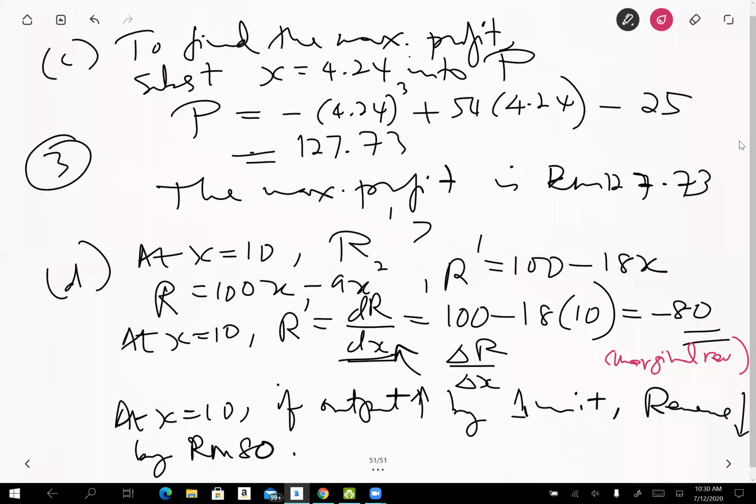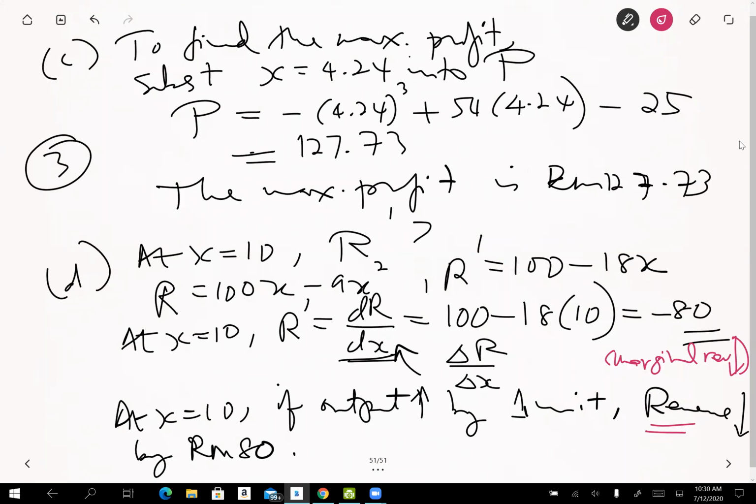Now some people, you have output increases by 1 unit, but you say here marginal revenue decreases. We are not talking about marginal revenue decreases. When you interpret, it's not the marginal revenue that changed. The one that changed is the revenue, because marginal revenue is the change in revenue.